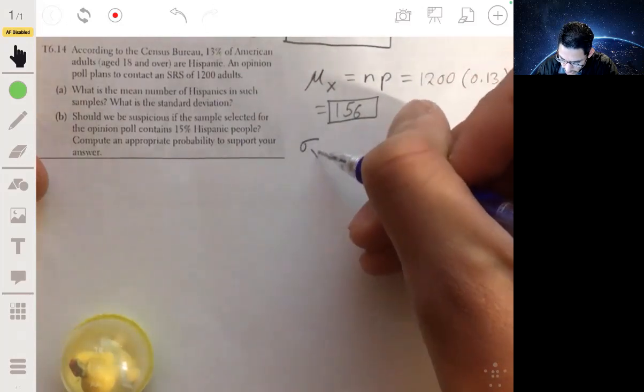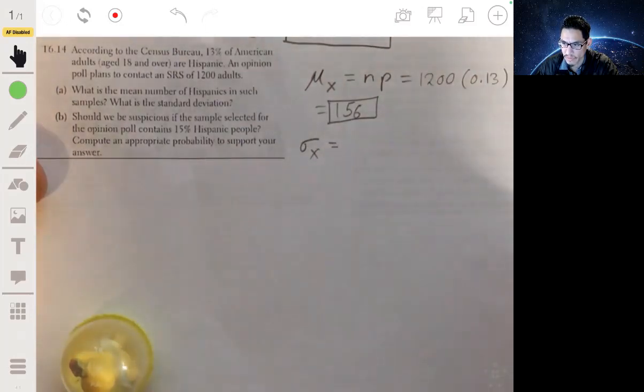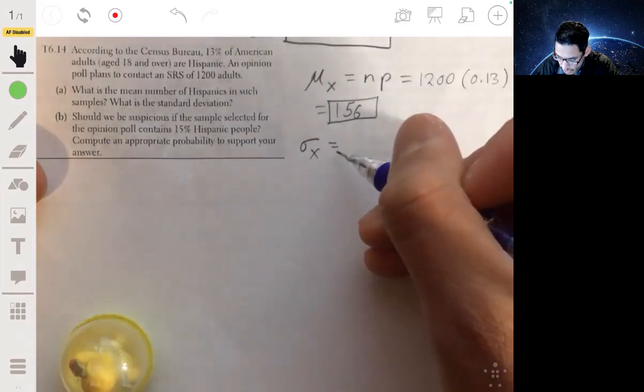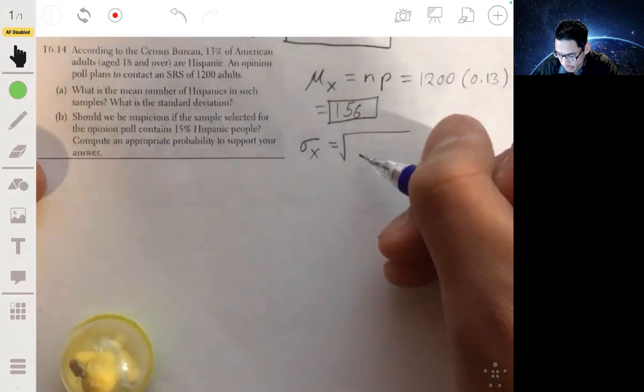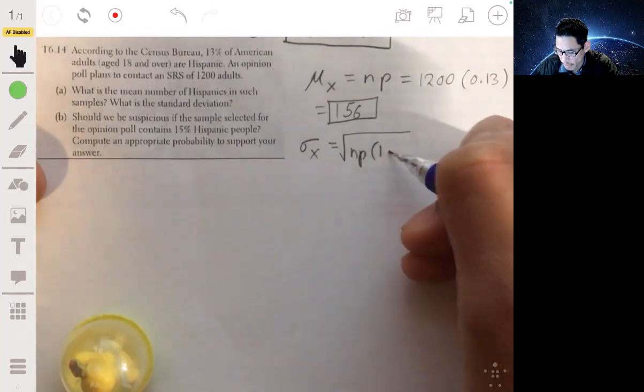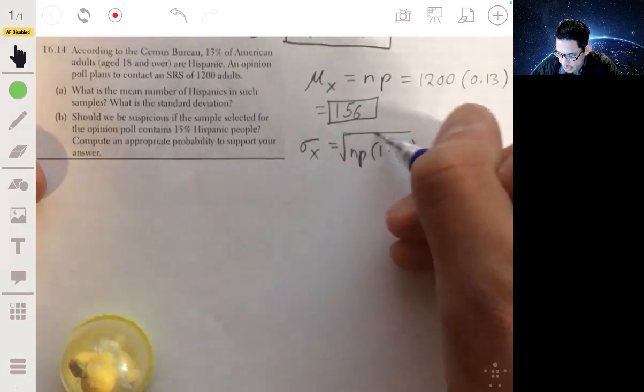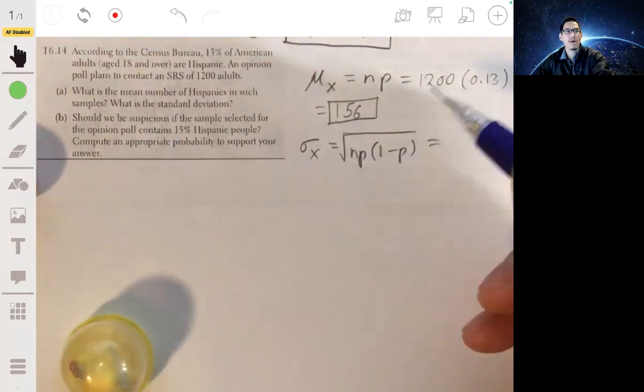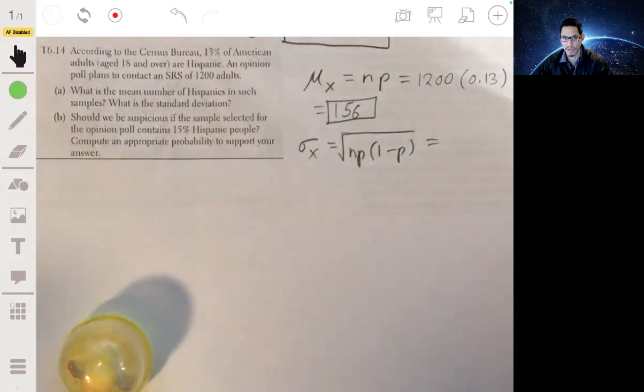And then for the standard deviation of x, the formula for the standard deviation of a binomial random variable will be this. These two formulas are given in your formula packet, so you don't have to memorize them. Don't worry about that.